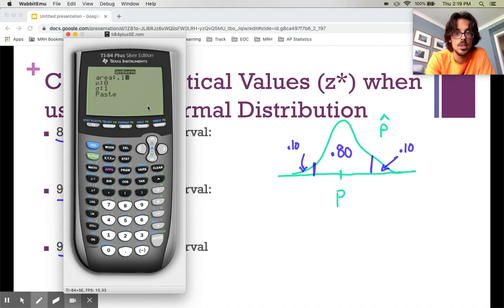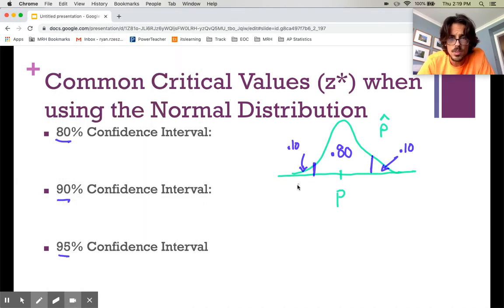My left area is a 0.10 area from the left side until I hit this mark right here. I'm going to leave it standard normal, mean 0, standard deviation 1. And when I do that, it's going to tell me negative 1.28, I'll go with. So this mark right here is negative 1.28, and that would make this mark positive 1.28.